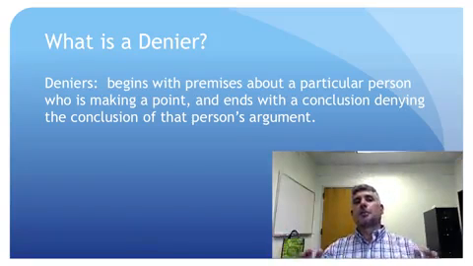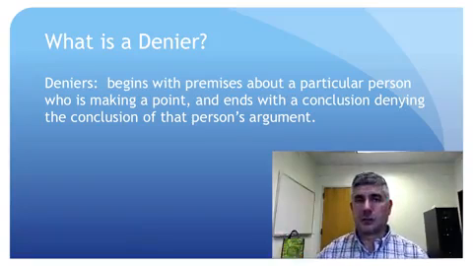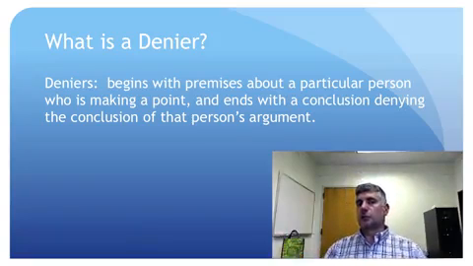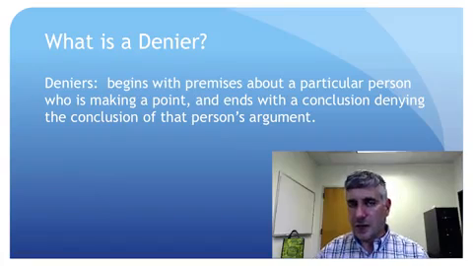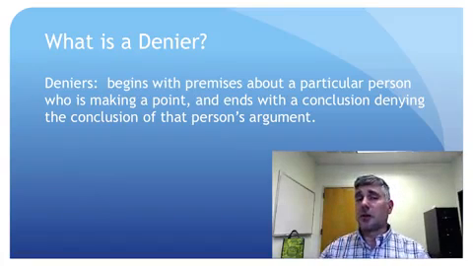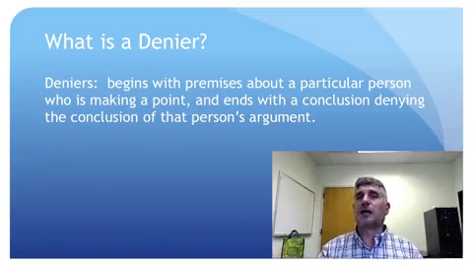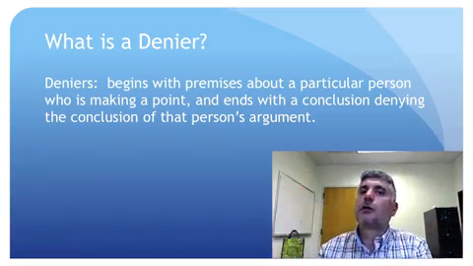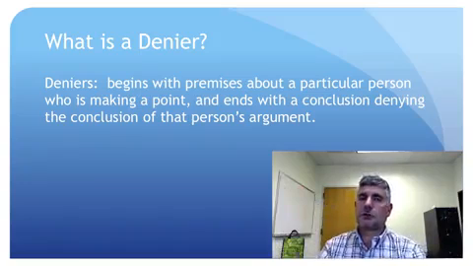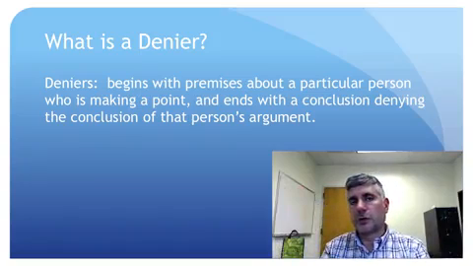It's not saying the person isn't authorized or entitled to speak on the issue. It's not saying that the reasons the person presents in favor of their conclusion are somehow defective, false, insufficiently supportive of the conclusion. Rather, it's saying independently of any of that, the conclusion is false. The conclusion that that person is coming to is false. So that's how a denier works.